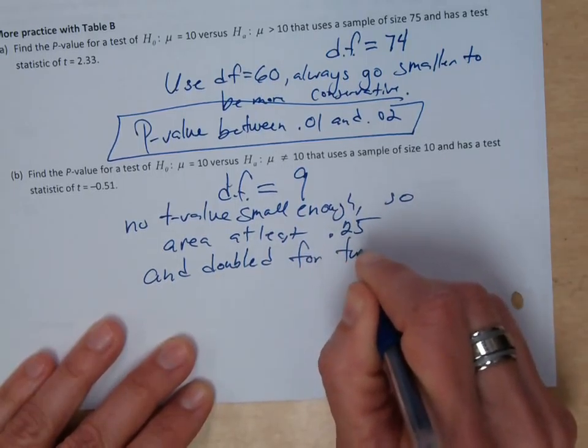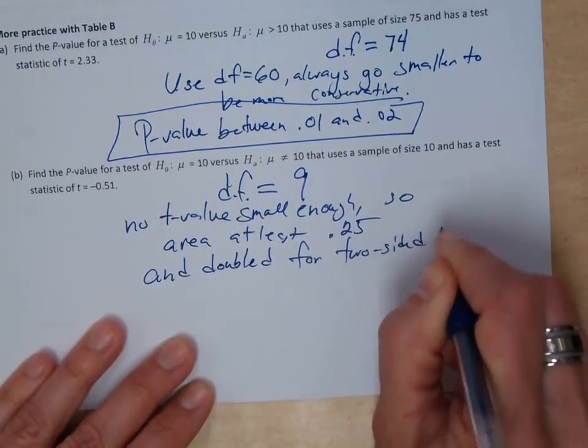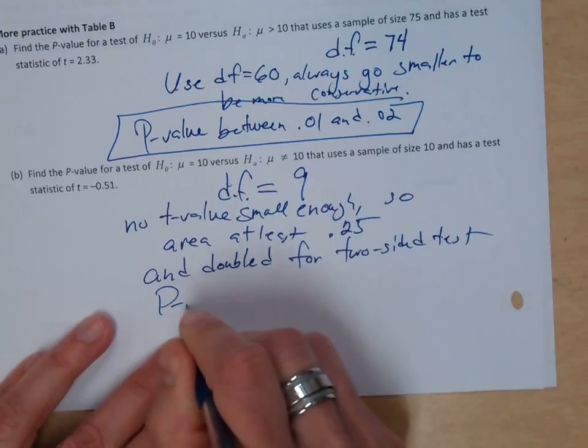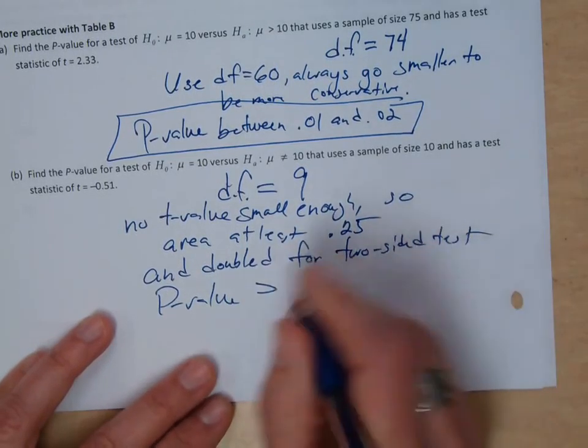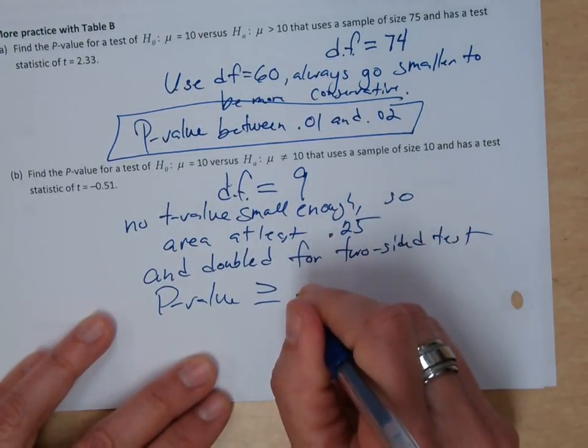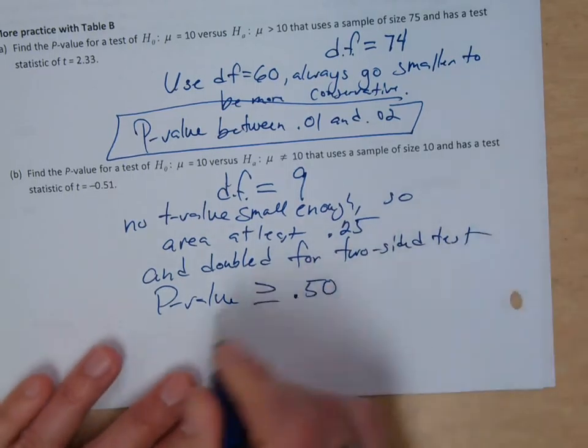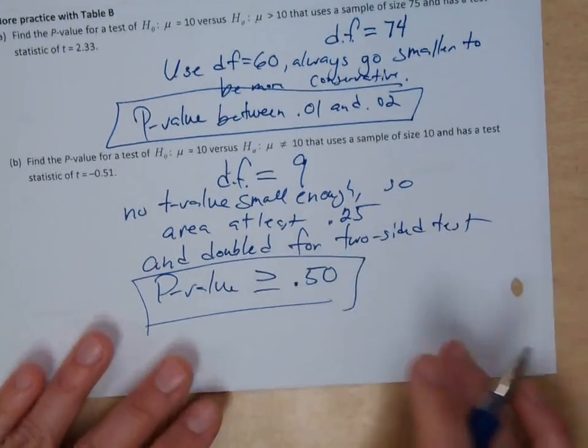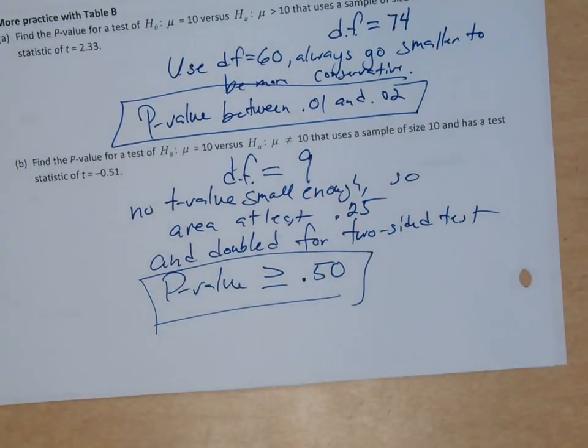Don't forget to do that. So p-value is greater than or equal to 0.50, at least 0.50, and we don't need to say any more than that. That's a huge probability. We would never reject the null hypothesis.